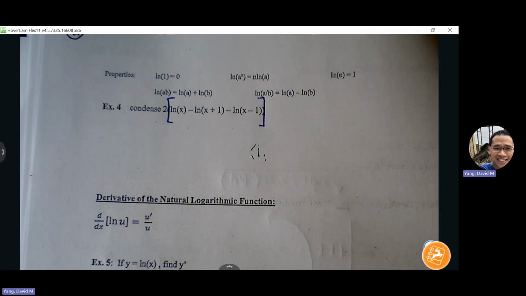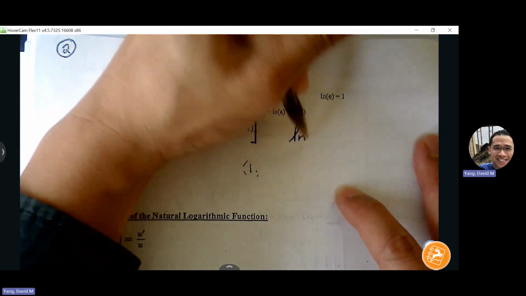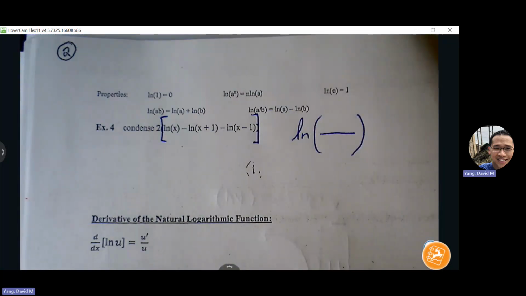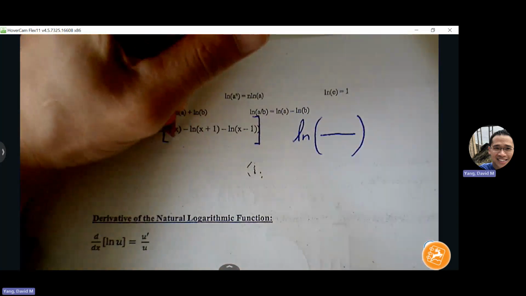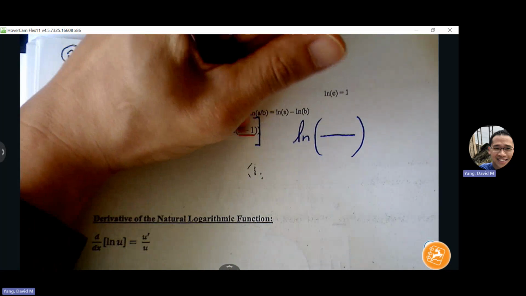Now here's a quick way to help with the condensing process. You know that ultimately you're trying to get everything under one natural log expression, right? That's the goal. So where do all the pieces go? We have to find a home for the x, the x plus 1, and the x minus 1.